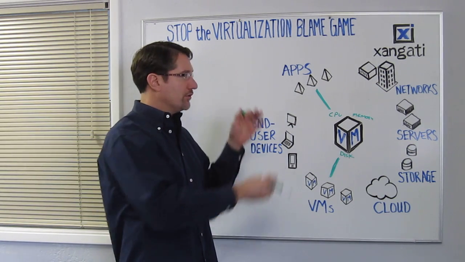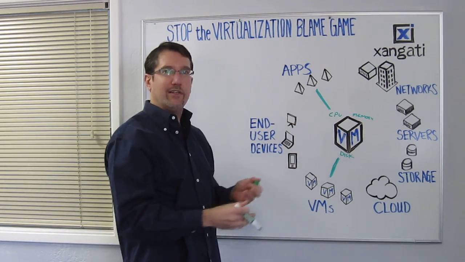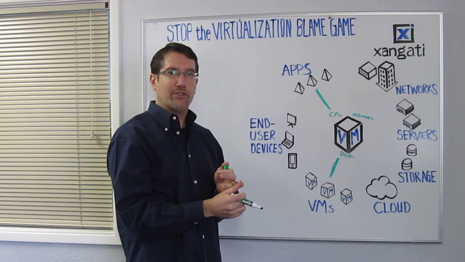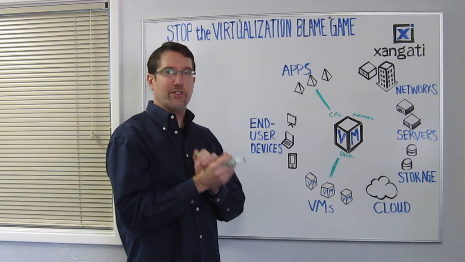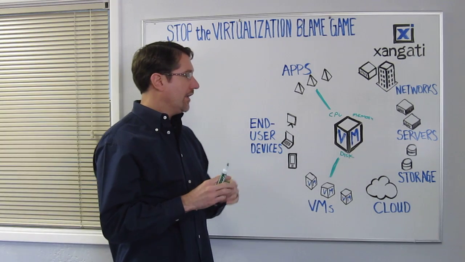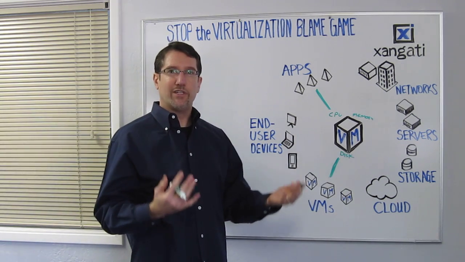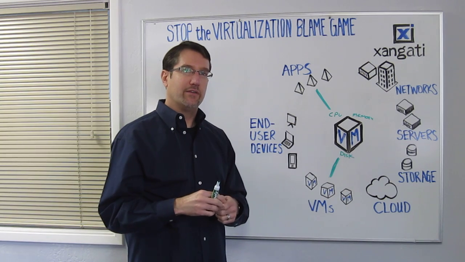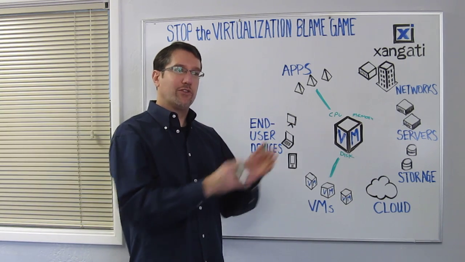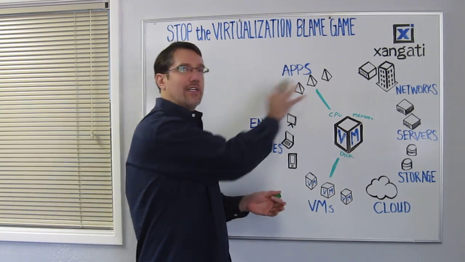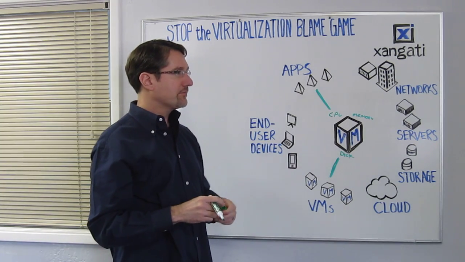All of those things can slow down an application that have nothing to do with the application, nothing to do with virtualization, but everything to do with perceived performance. Another thing, virtual NIC cards. VMs have them, the hosts have them. Are they configured properly? Are you sending the right type of traffic through the right NIC card? Xangati can show you that information.